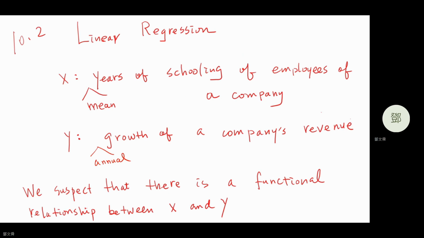Can someone give me an example when x and y have a perfectly linear relationship? When you observe x here, then y is exactly here. When x is here, then y is exactly here.